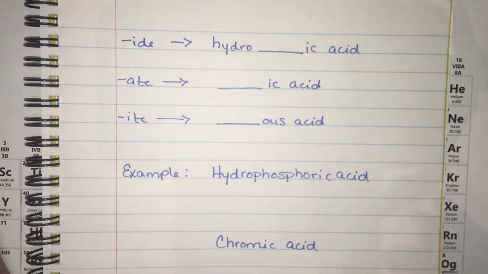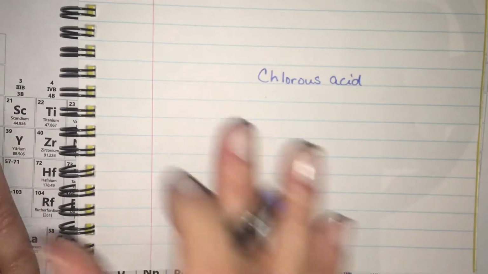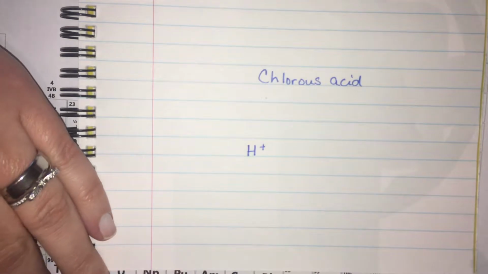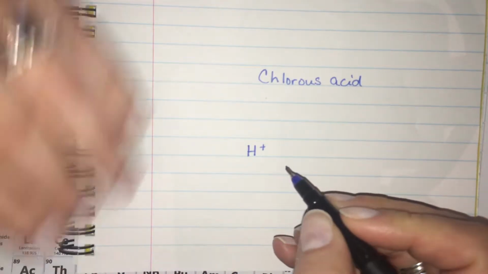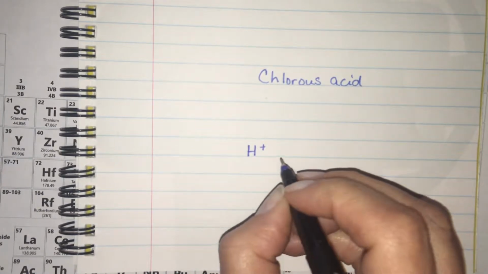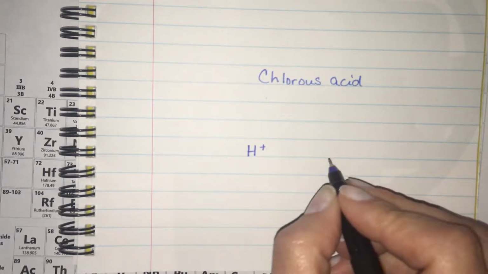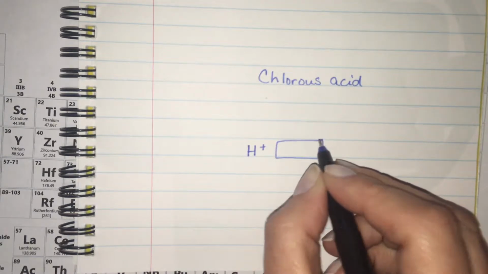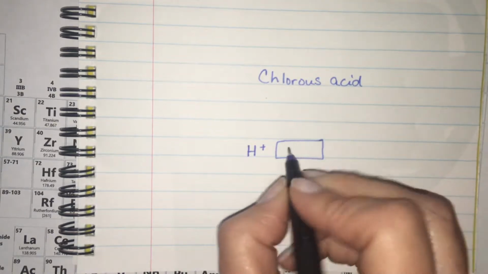But basically, acids are anything that have hydrogen as the cation. The cation is the positive part of the molecule, and then there's this second part, the anion.